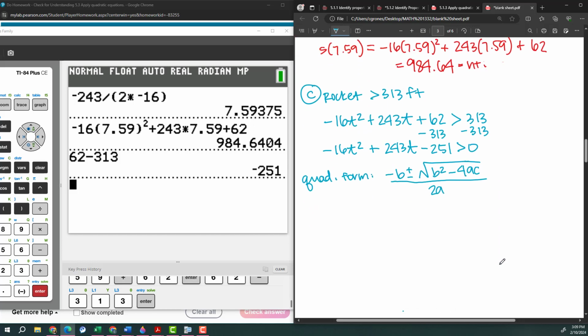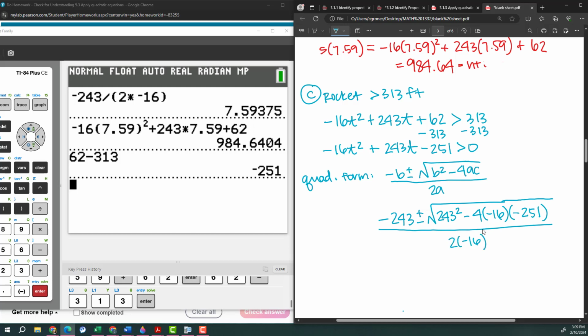So I'm going to plug everything in from our equation. I've got negative b, so b is 243, plus or minus the square root of 243 squared minus 4 times a, which is negative 16, times c, which is negative 251. And then all of this divided by 2 times negative 16.